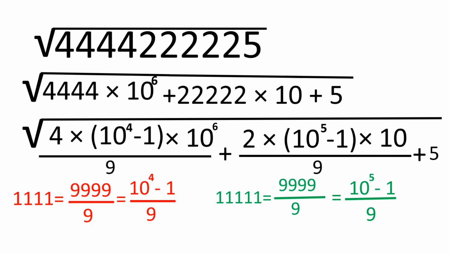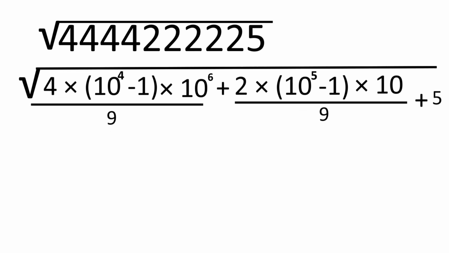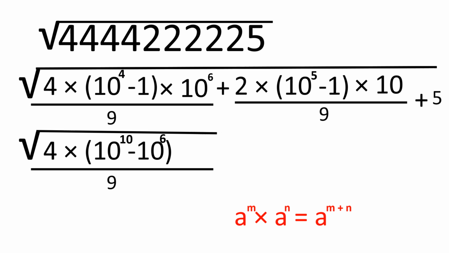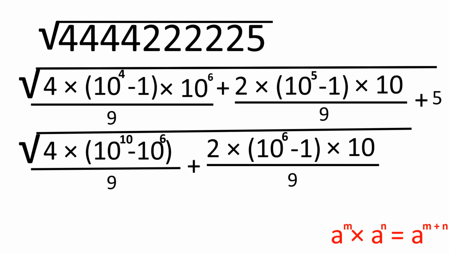So, substitute it here. Now we will use the power rule: a raised to m times a raised to n equals a raised to m plus n. So this 10 to the 4 times 10 to the 6 equals 10 raised to 10, minus this, equals 10 raised to 6.